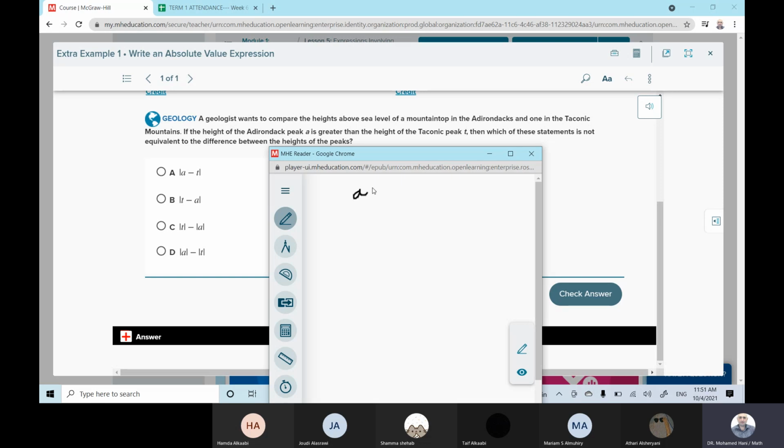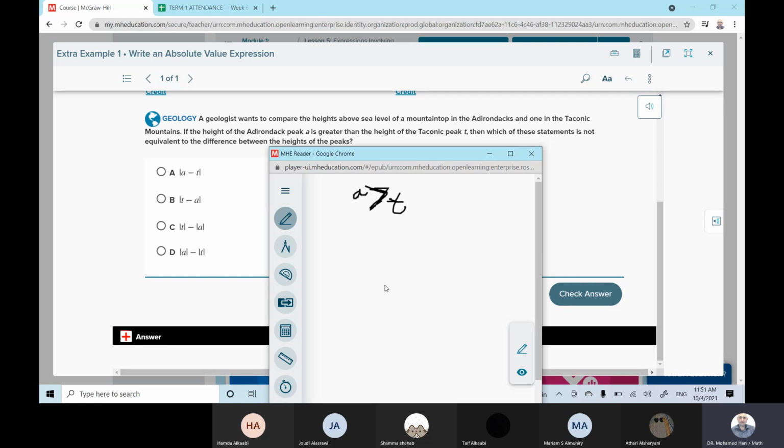Remember, A is greater than T. What's the meaning of A? The first mountain, and T the second mountain. And how to know the difference between the heights of the two mountains here?